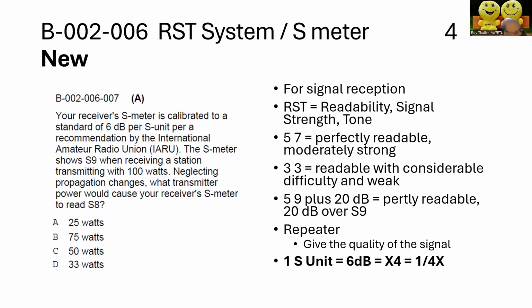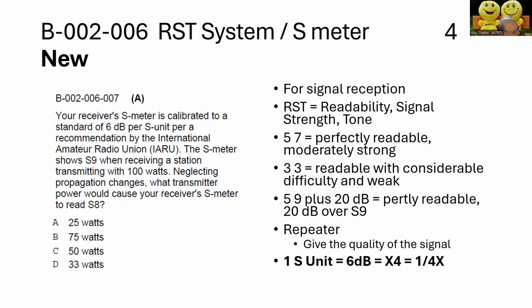Here's a new question. Your receiver S meter is calibrated to a standard of 6 dB per S unit per a recommendation by the International Amateur Radio Union, IARU. The S meter shows S9 when receiving a station transmitting with 100 watts.